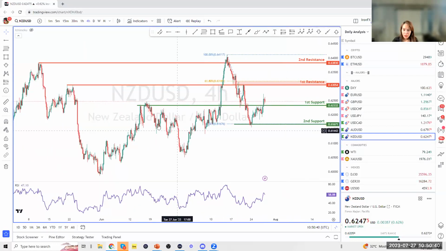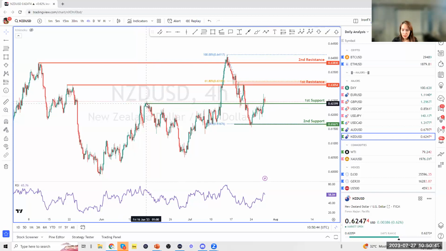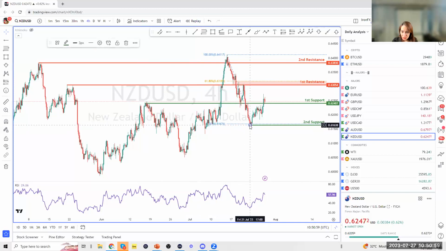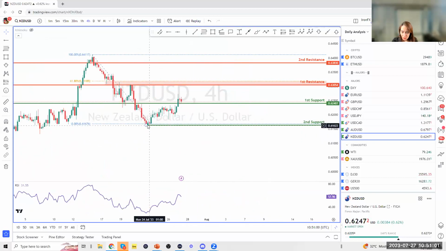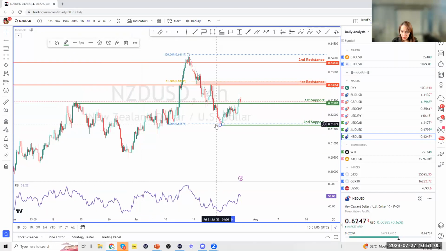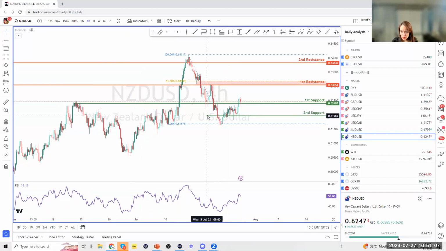Okay, what you can see in H4 here, I adjust a little bit. When I move up, this is going to be my first support, since price broke above. And my second support, I just put at the recent low or recent support here. I don't put it here because this is not the level.